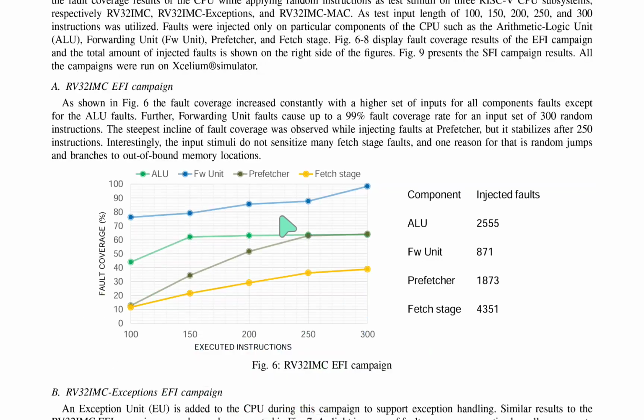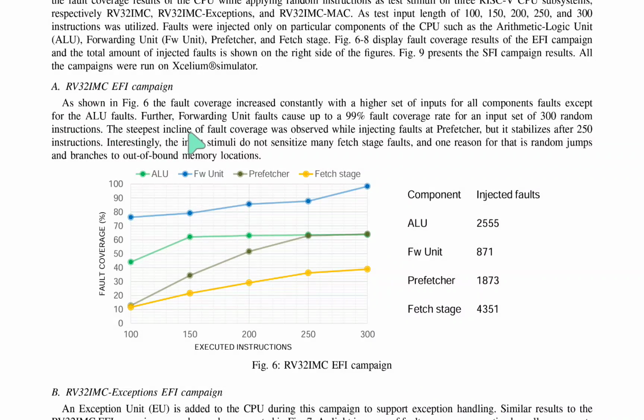In the RV32IMC EFI campaign, as shown in figure 6, fault coverage increased constantly with the larger input set for all component faults except for the ALU faults. For the forwarding unit, fault coverage goes up to 99% for an input set of 300 random instructions.